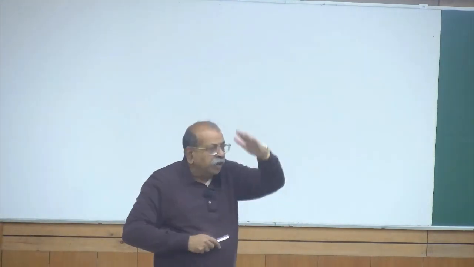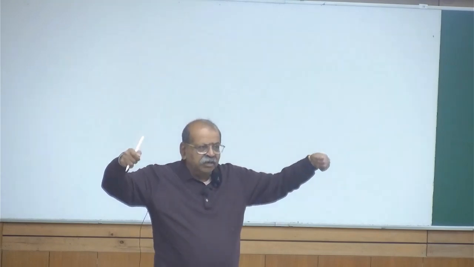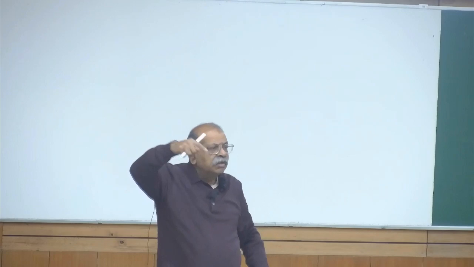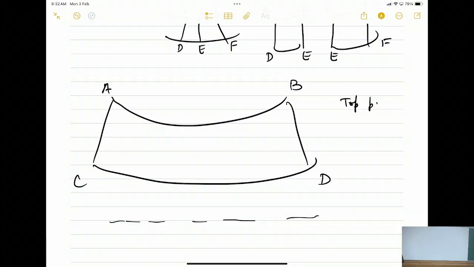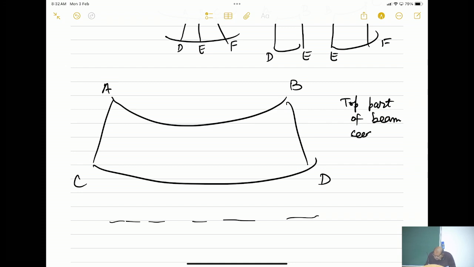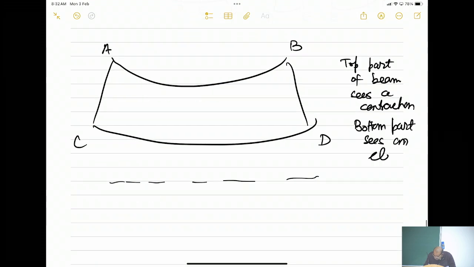So the bottom part, at least some part in the bottom, they will get elongation. And the top part will get contraction. So because of this, top part of the beam sees a contraction and the bottom part sees an elongation.